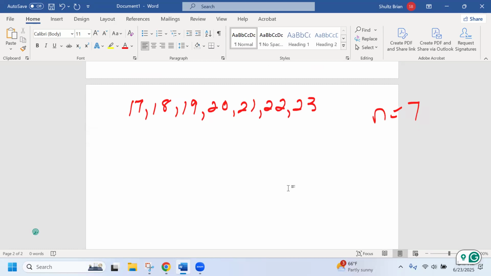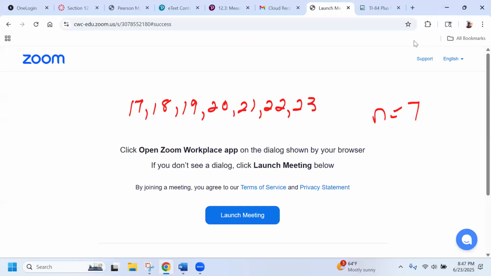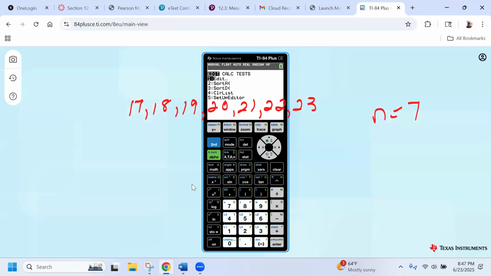I would suggest highly that as I'm doing this, you pause the video and write down the steps that I am telling you, because you may forget them, but you don't want to. This is important. So I'm going to minimize this screen and go back to this handy dandy machine I got called a calculator.